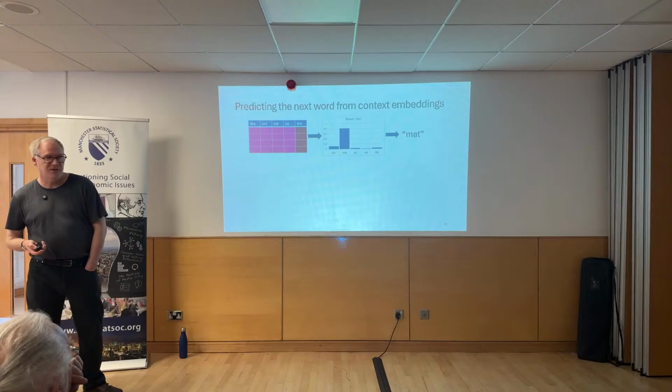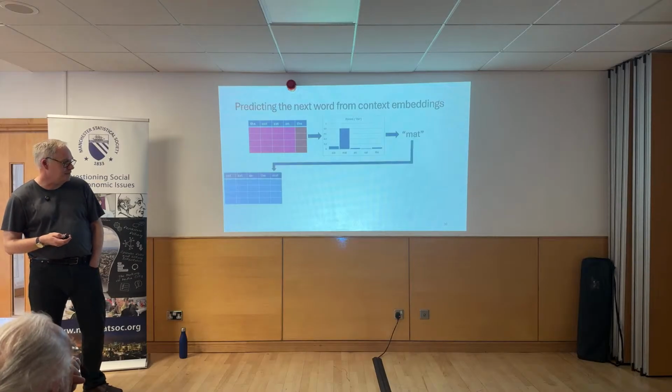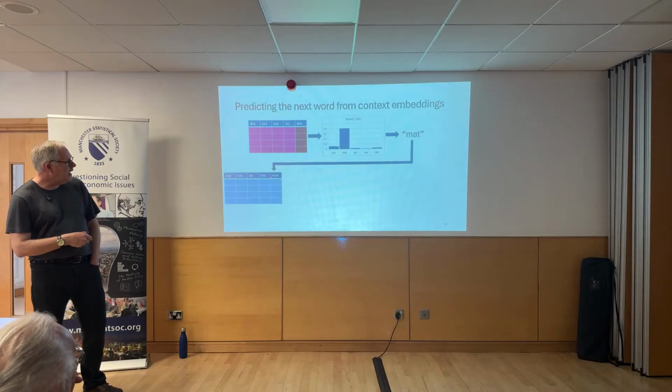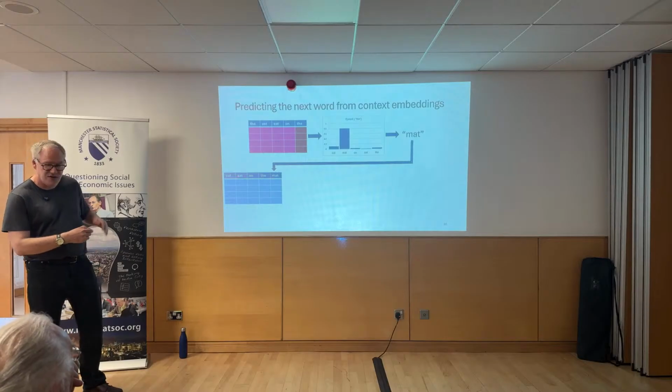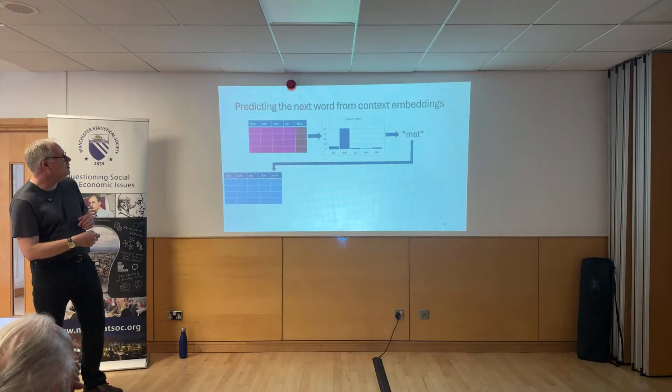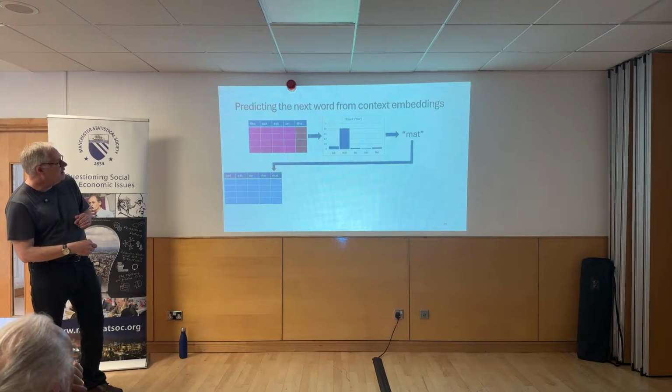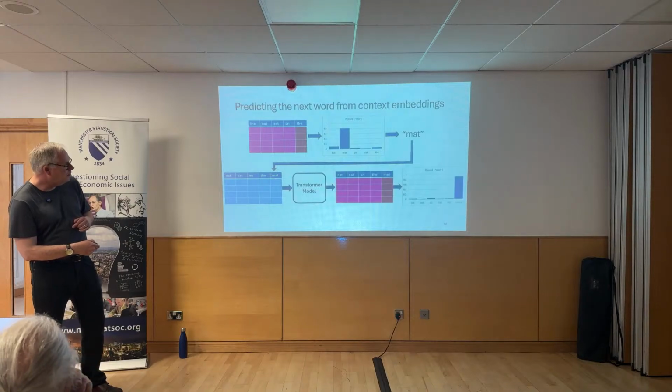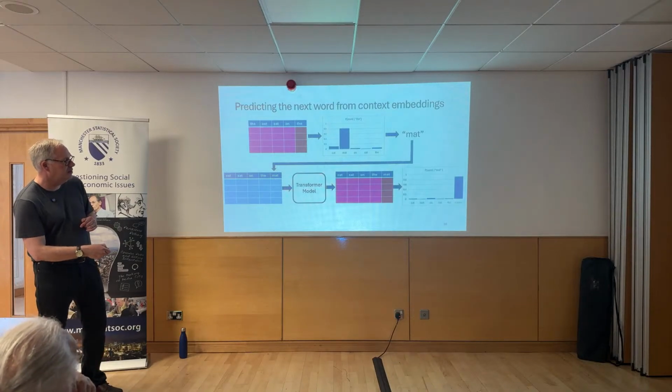And I can just iterate this whole process. I take that word mat, I stick it on the end of my prompt, and I shift my context window along one. So you'll notice I've dropped the word the off the end there, and I've gained this word mat. I look up the starting blue embedding vectors for each of these words. I feed those blue embedding vectors into my transformer model.